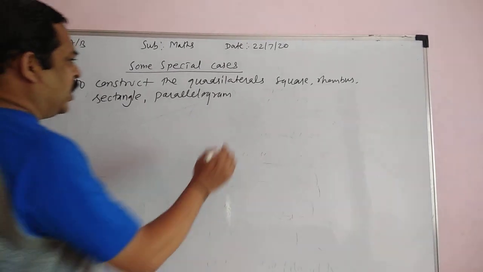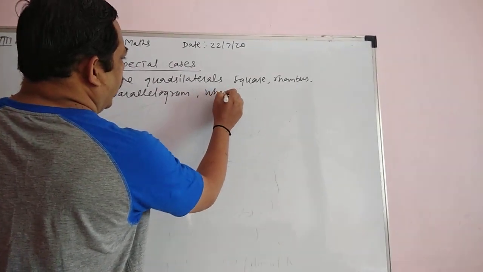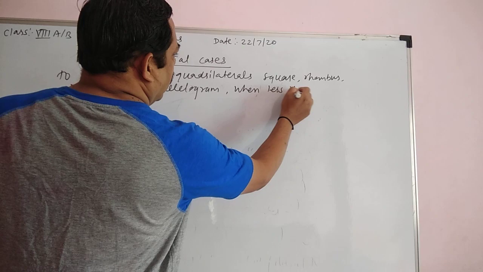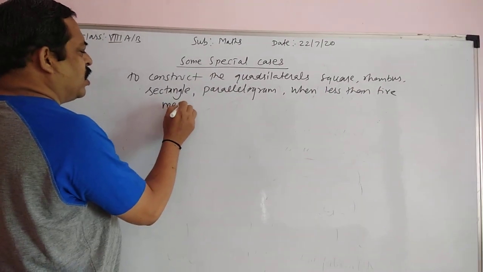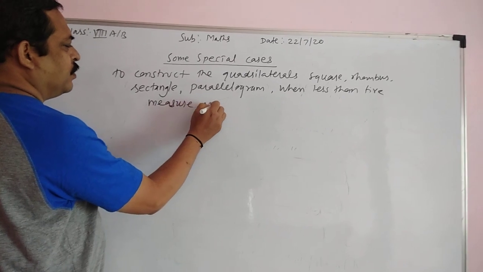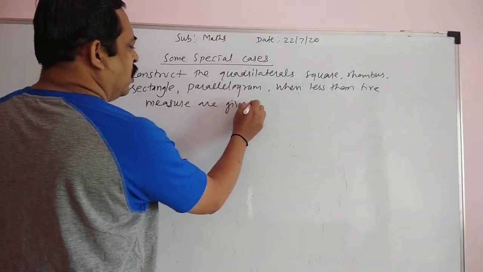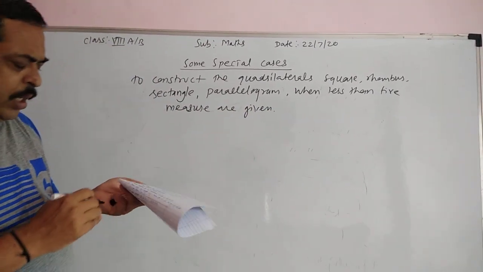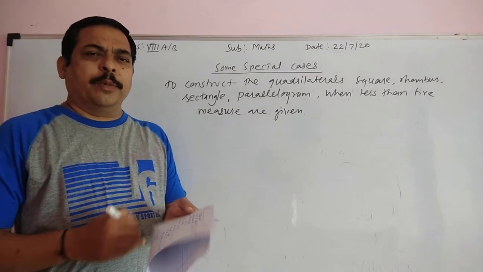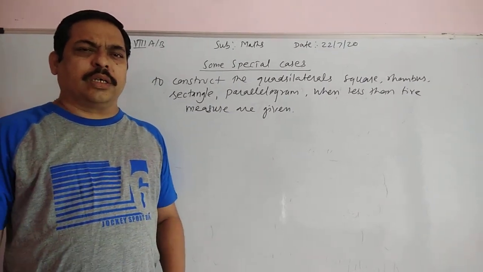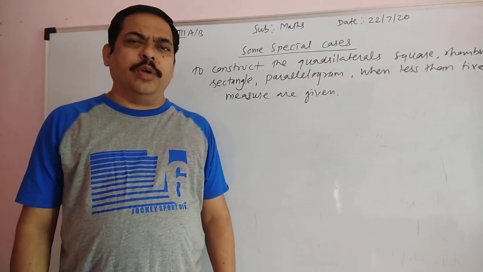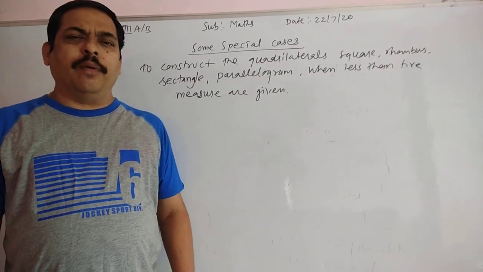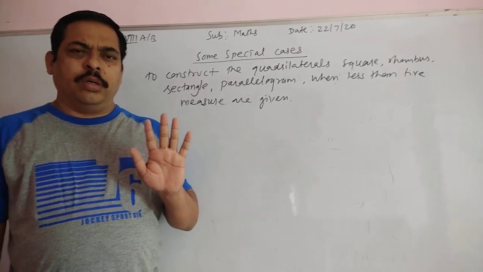When less than 5 measures are given, we already learned the different types of constructions. In those constructions, if we want to draw the quadrilateral, then we must know a minimum of 5 things.